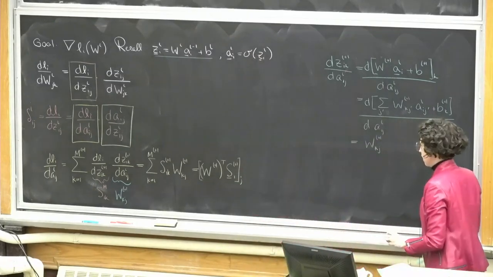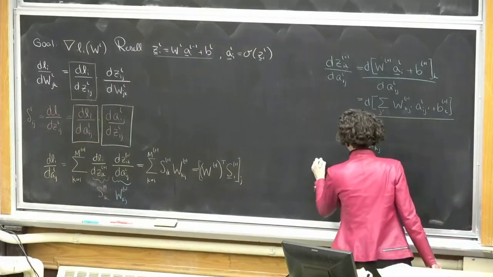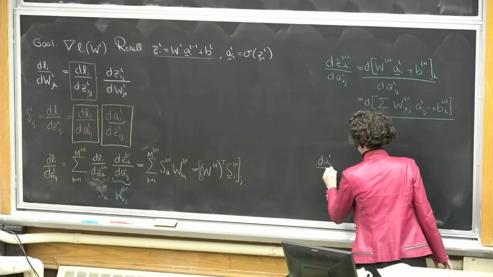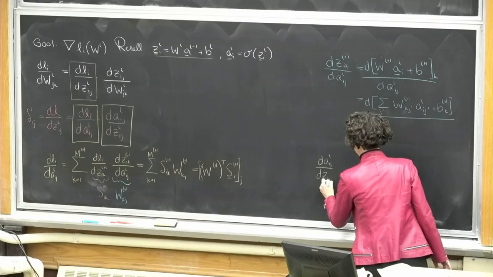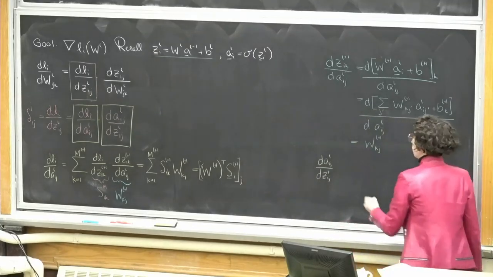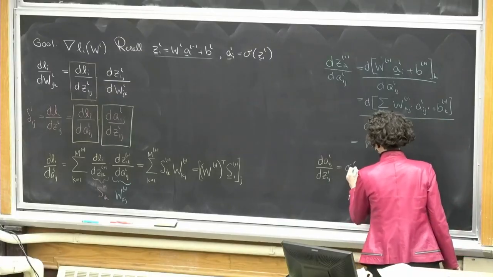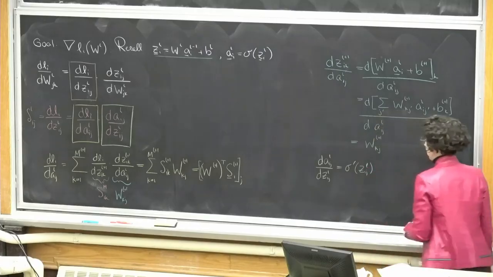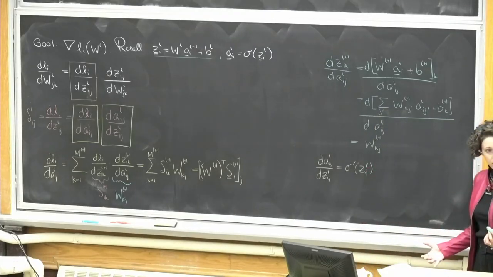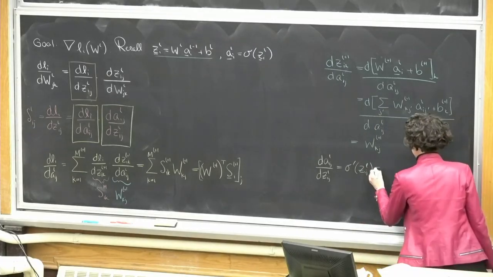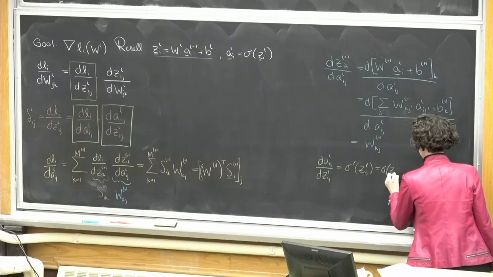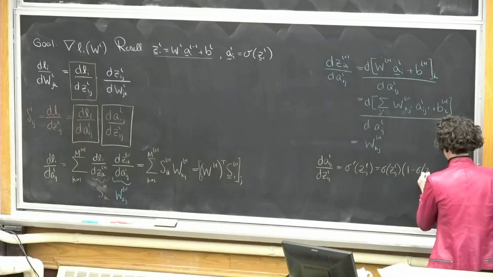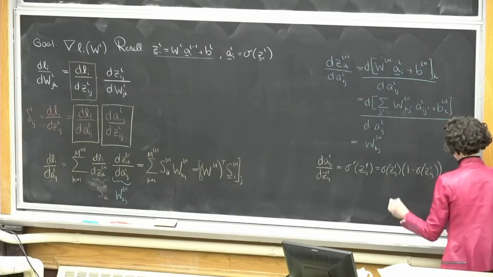And so if we say, well, what is the derivative of a_ij at layer l with respect to z_ij at layer l? We simply get sigma prime at z_ij at layer l. And in the case of logistic activation functions, this would simply be sigma of z_ij for layer l times 1 minus sigma of z_ij at layer l.